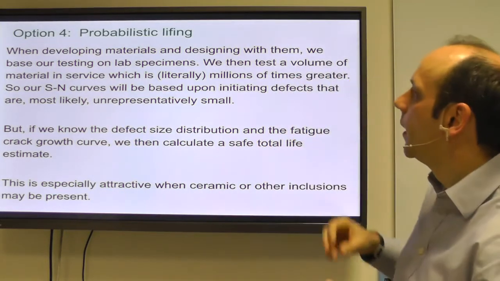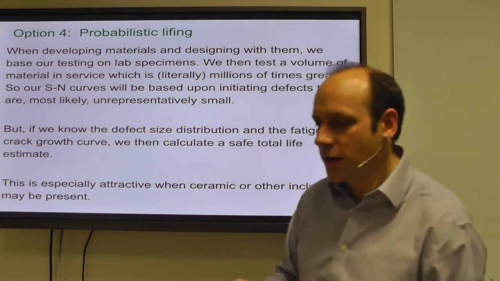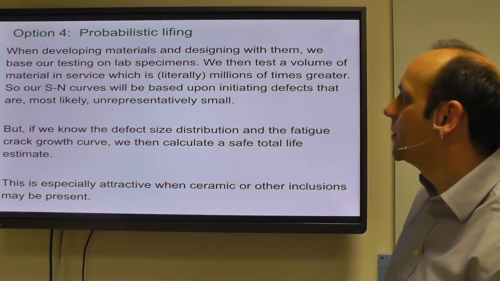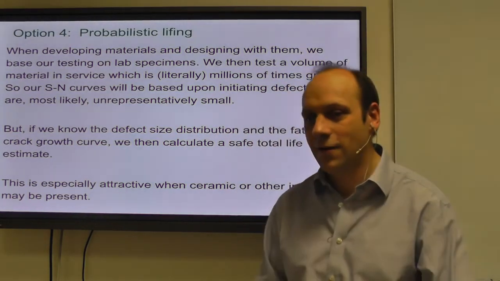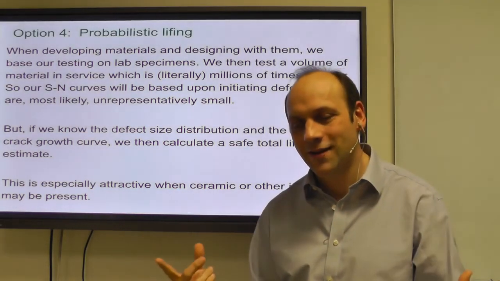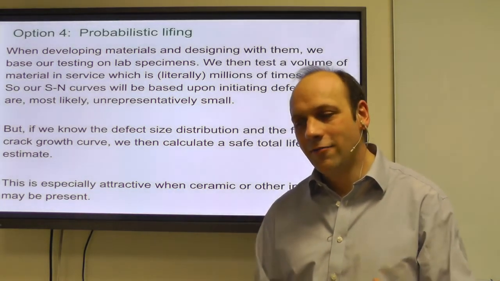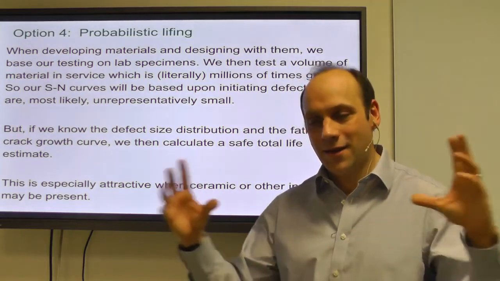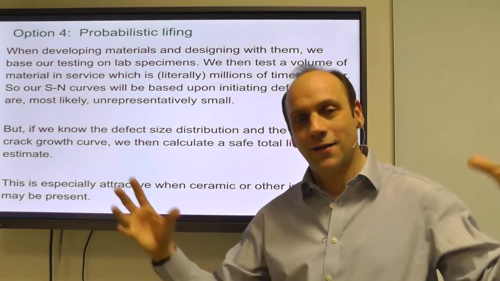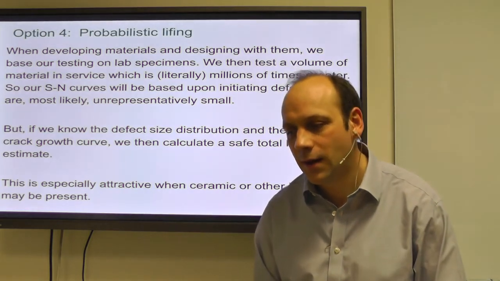And so our stress life curves that we do in an academic lab with test specimens, we will find that our test specimens fail from initiating defects that are things like the microstructure that are probably unrepresentatively small compared to the things that fail large disks, because there's just much more chance of there being a large inclusion in a large disk.